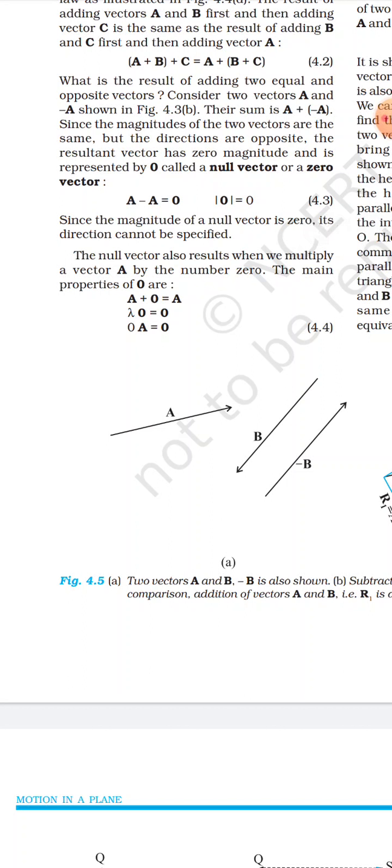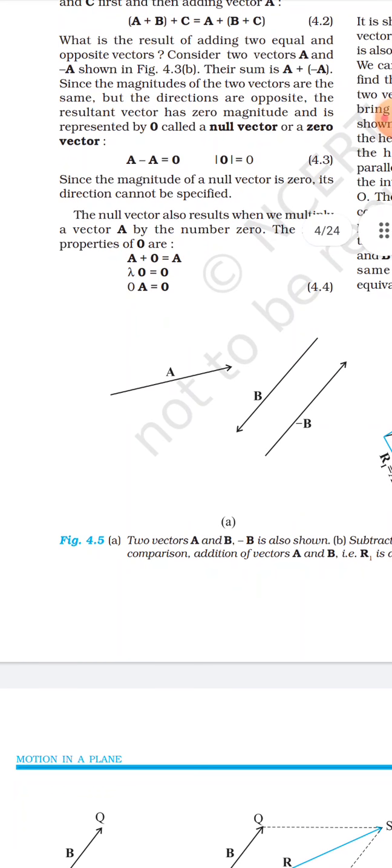Now we can apply this null vector in many ways. Like if we want vector a on the left hand side and the same vector a on the right hand side, then by using the null vector we can keep the magnitude as it is. Like a plus 0, for a null vector, on the right hand side you will get the magnitude a.